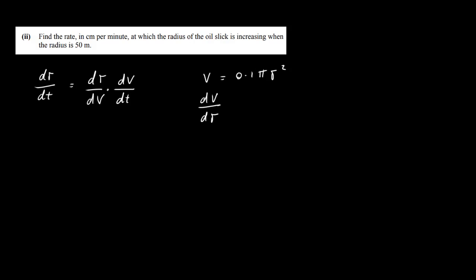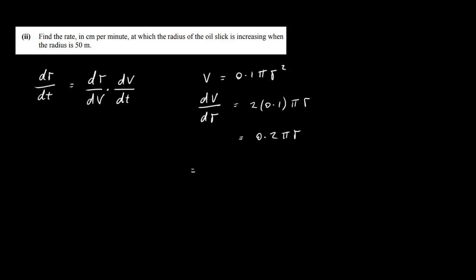All you got to do here is just bring the 2 down, multiply it by the 0.1. The pi will remain there. Remember, pi is just a constant. It's 3.14 and so on. The r is the variable, and we've got to reduce the power by 1. So that's r to the power of 1 here. So what I end up here with is 0.2 pi r. That's dv dr.